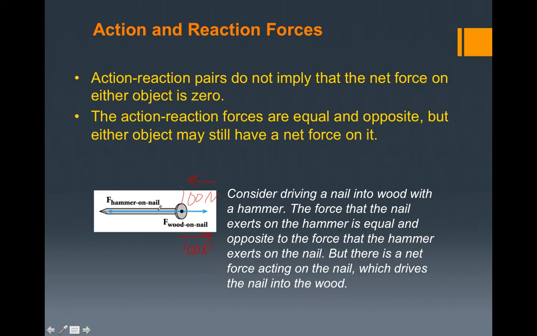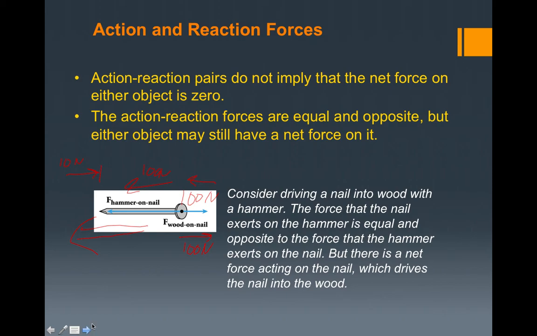But because of this, there's a net force going this way of 100 newtons. And it's going to hit a piece of wood. If the wood can only exert 10 newtons this way, the nail is still going to accelerate in this direction. And that is how objects can still move, even though equal and opposite forces say they have to be the same. So you can still have a net force even though forces are equal and opposite.